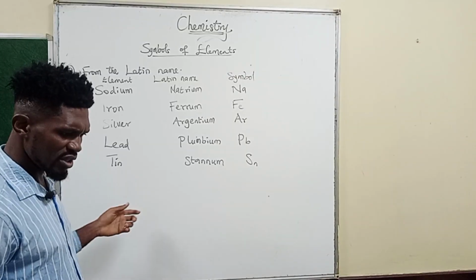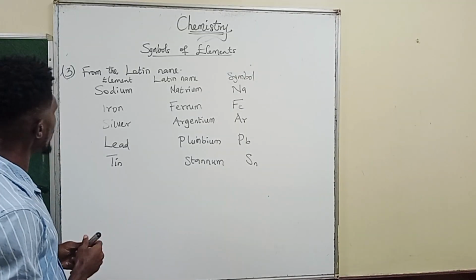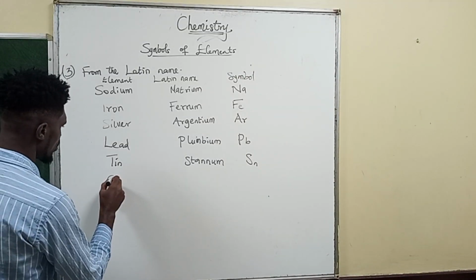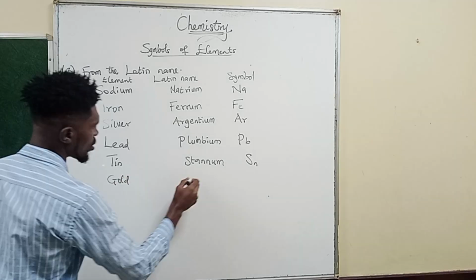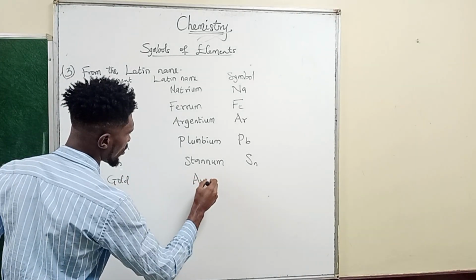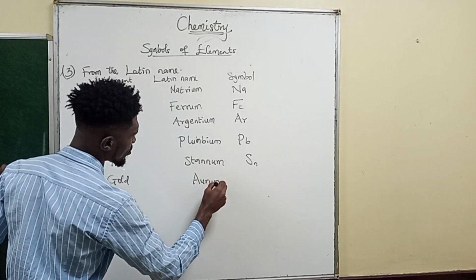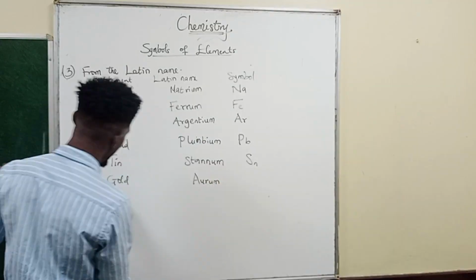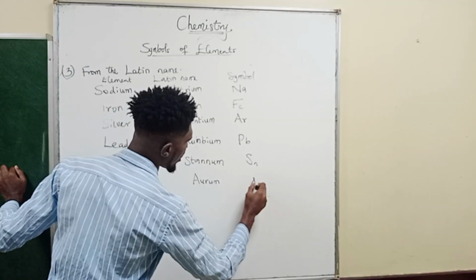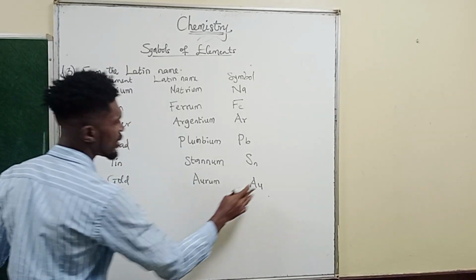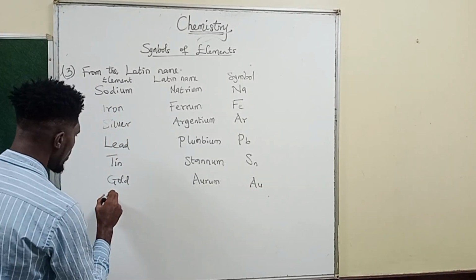So let me think of another one again. So we have gold. Gold is aurum. And it is represented as what? Au. Okay? We also have mercury.